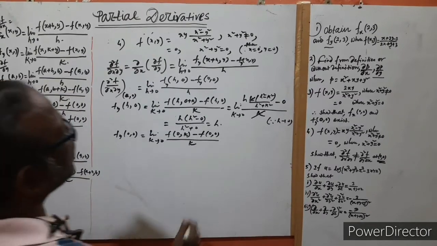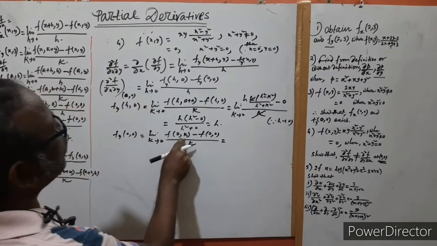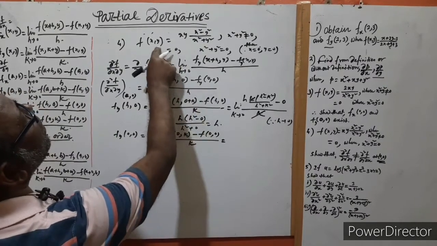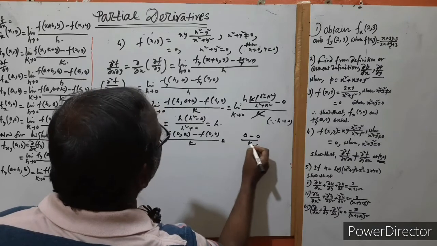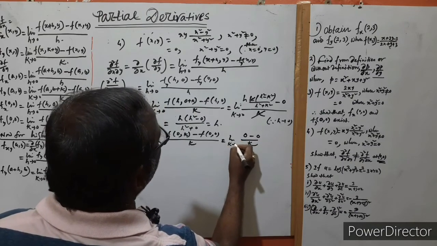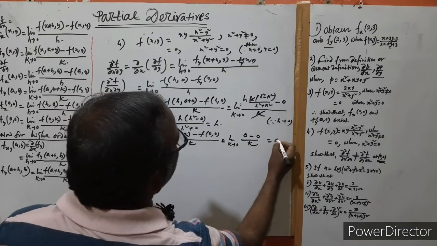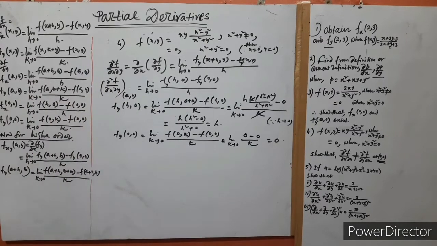Okay, so f of (0, k) is 0 minus 0 by k, so this is equal to 0, and f of (0, 0) is 0 here.